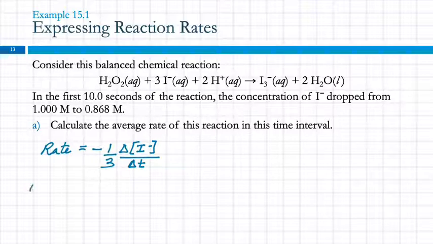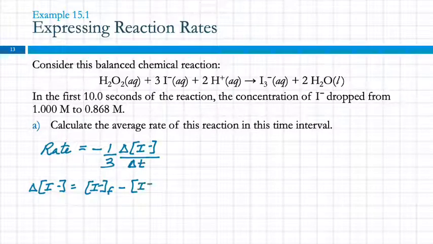So the change in the concentration of I minus, those brackets, by the way, just mean that we're expressing this in moles per liter. This would be the final concentration minus the initial concentration, because almost always, delta means final minus initial.